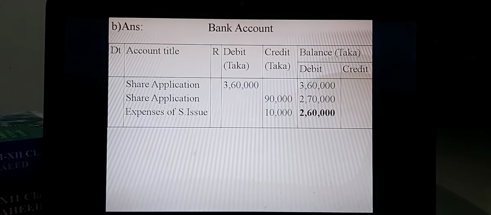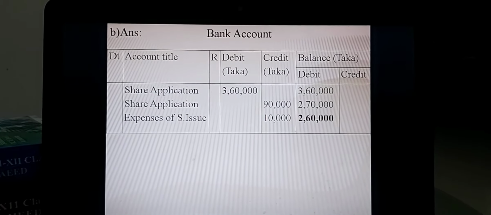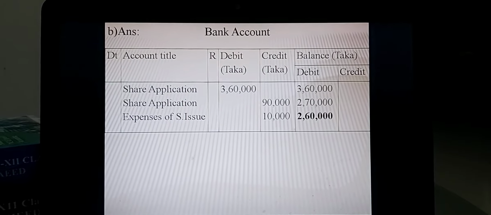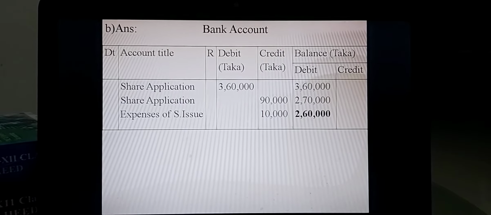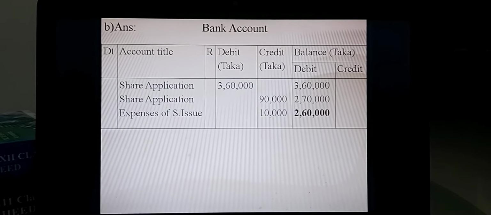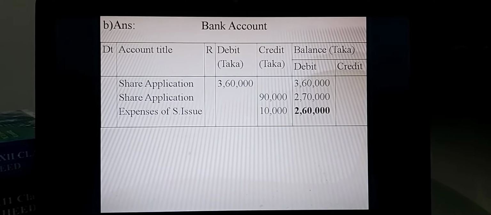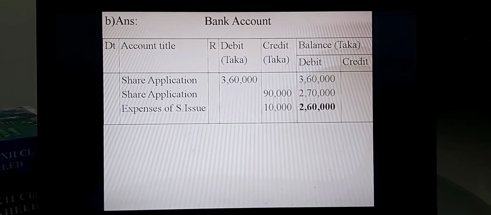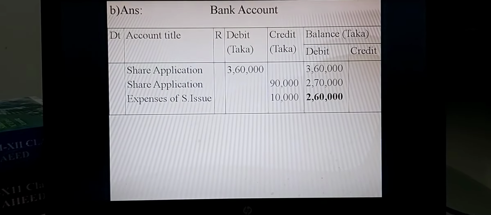Now you can post it to the bank account. In the account title column you have to write the opposite account of bank, that is share application. Bank is debited, so the posting amount is debited 3,60,000. At this moment the debit balance of the bank account is 3,60,000.